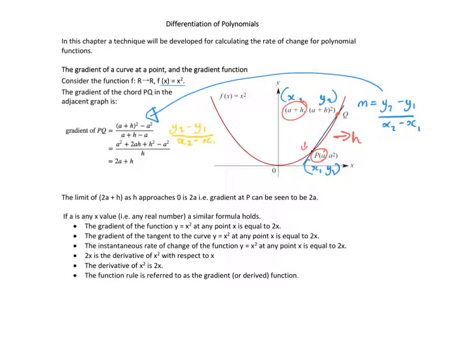So if we make our h value approach 0, in other words, letting it equal 0, because the closer it gets to 0, it's just about 0, we end up with 2a, which means that the gradient of our graph is equal to 2a at the point P, only at point P, okay?